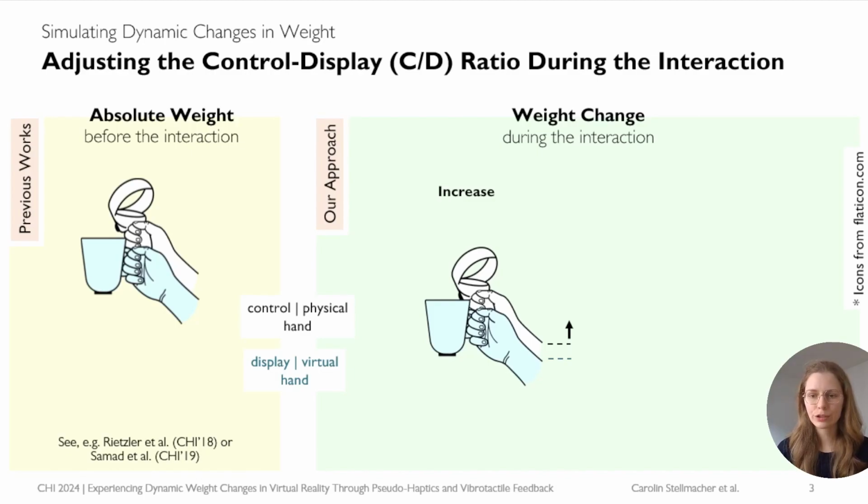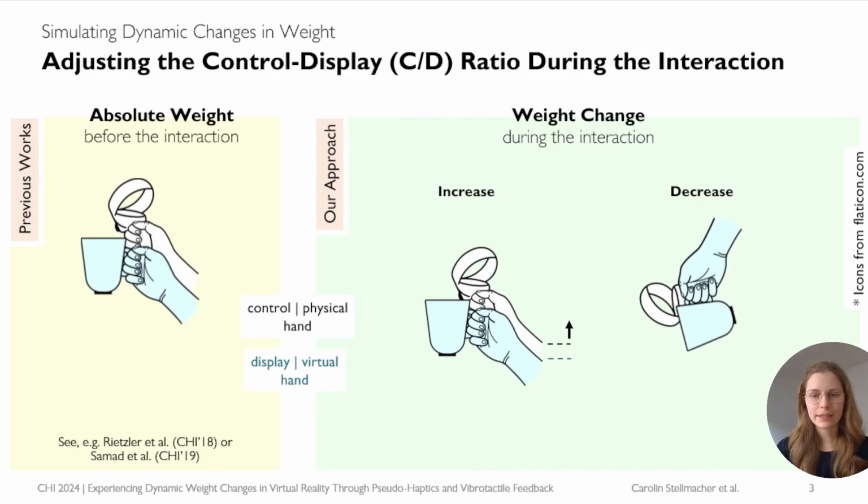A higher arm posture then means more strain on the muscles and might induce a pseudo-haptic illusion of a growing weight. The mechanism looks similar for a decreasing weight. Here, the CD ratio is initially adjusted according to the heavy weight of the filled mug. As the water now leaves the mug, the positive displacement on the y-axis is triggered.